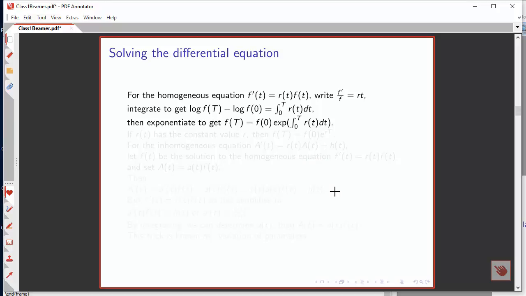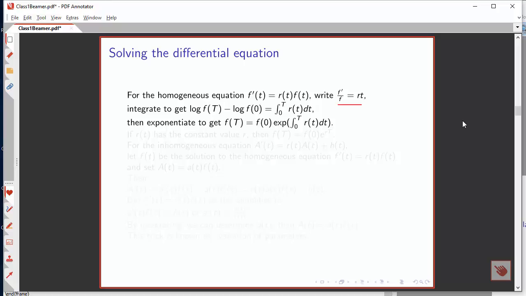First, let's consider what mathematicians like to call the homogeneous equation, where you don't have any extra deposits. Every term either involves the derivative f prime of the function or the function f itself. In that case, as you may have learned in a first course in calculus, you can do what's called separating variables.